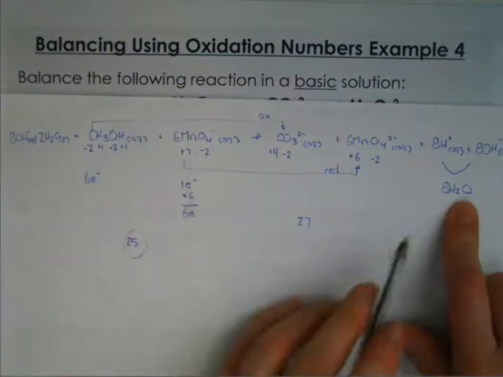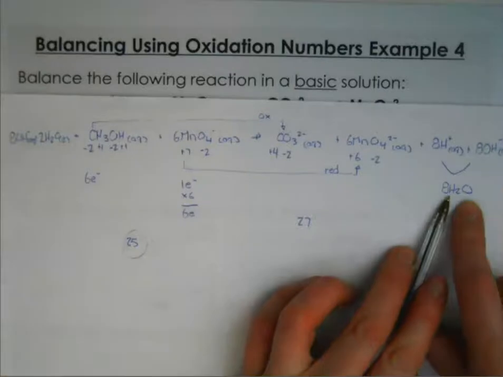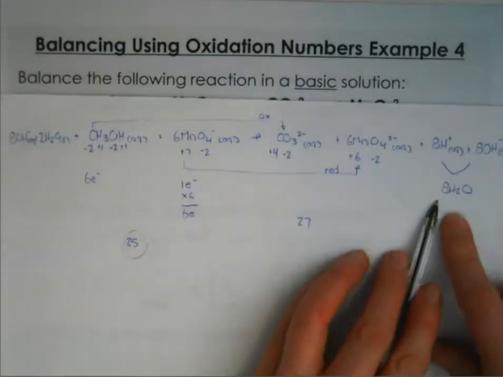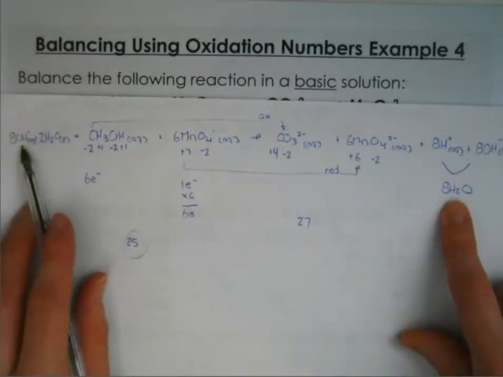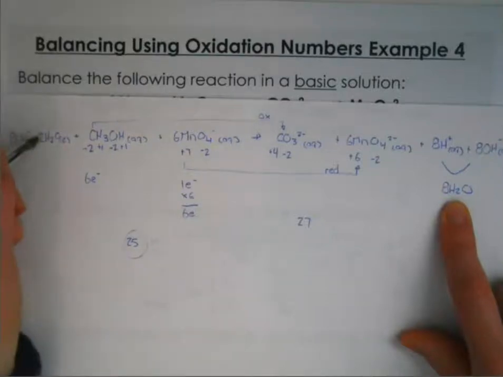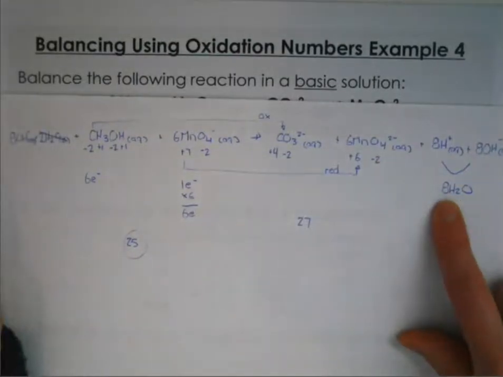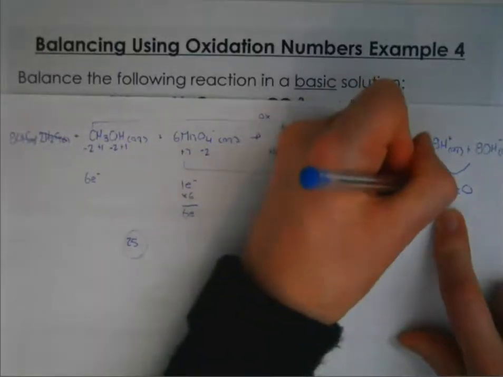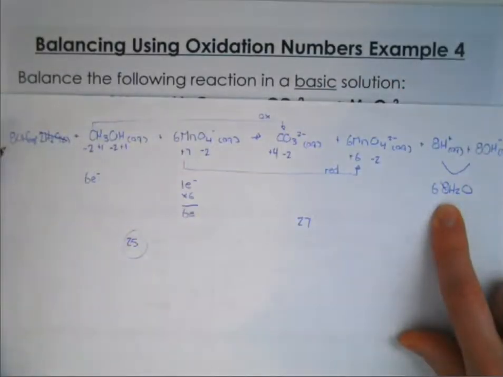And I'm just doing this now so we don't have to rewrite everything out later, because now I can see I'm going to have 8 water molecules on this side, and on this side I'm going to have 2. So when I write out my final version of this, I want to cancel out those 2 waters, which means I'm reducing this one to 6, right? Because I used those 2 to cancel it out.